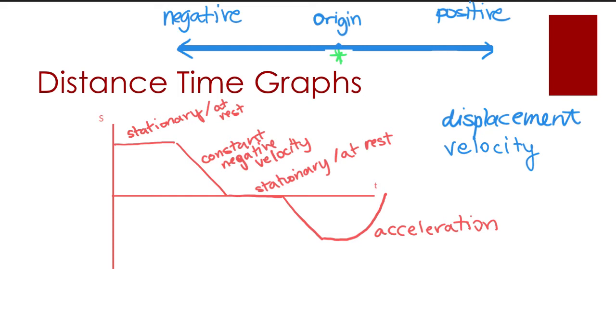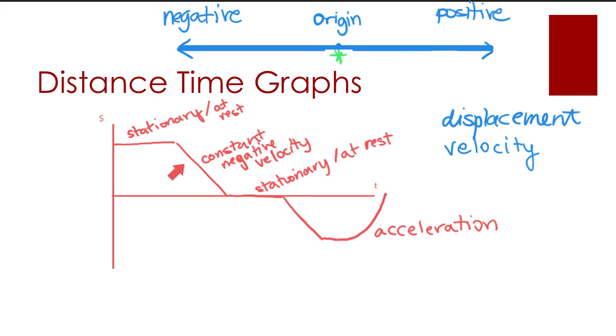Okay, so let's just recap this before we go on to the next graph. Most people have seen distance time graphs before they start IB physics, but this is just to make sure we've covered all the bases. If we have a horizontal line in a distance time graph, that means my object's at rest or stationary.